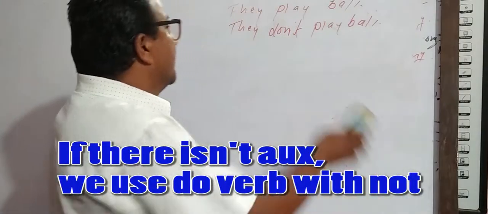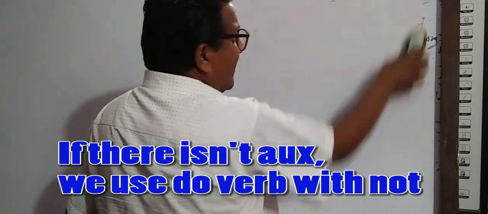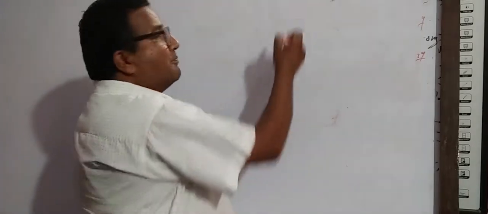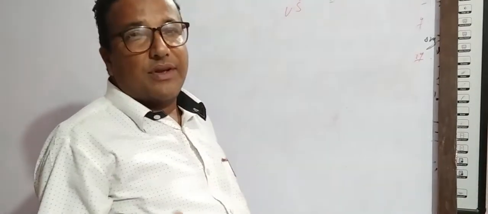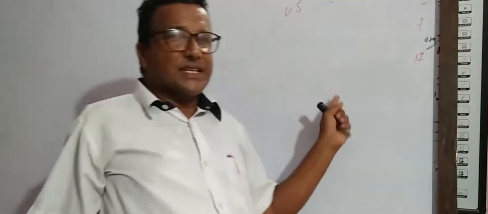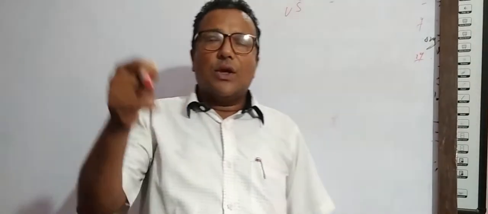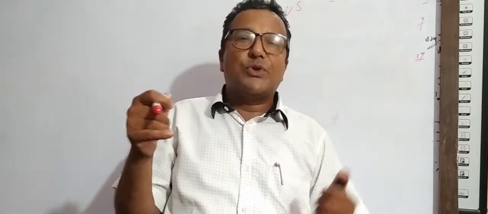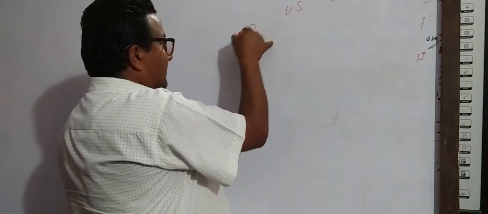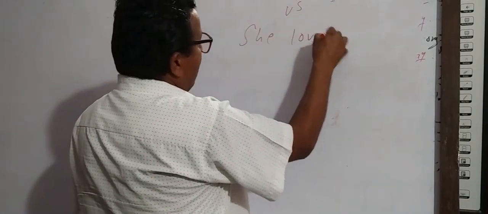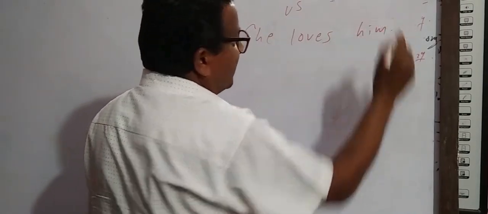And second, if the sentence is in V5, then we have to use doesn't V1 or does not V1.